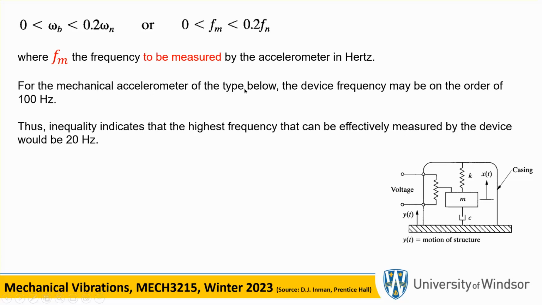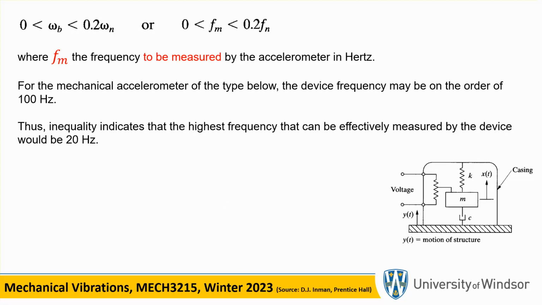So generally speaking, the mechanical accelerometers of the type that I showed you, this generic classic one, which to some extent is also defunct but is very good for explanation purposes, has a natural frequency around 100 hertz. What that means is the thing to be measured is less than 20 hertz and bigger than 0. This is a very low frequency range.